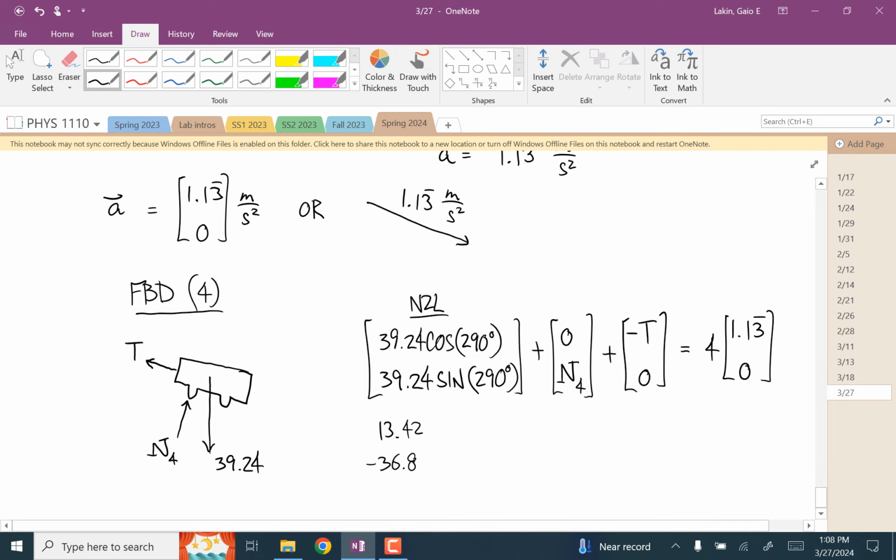The x equation says 13.42 minus T is equal to 4.53. And so T is equal to 8.89 newtons.